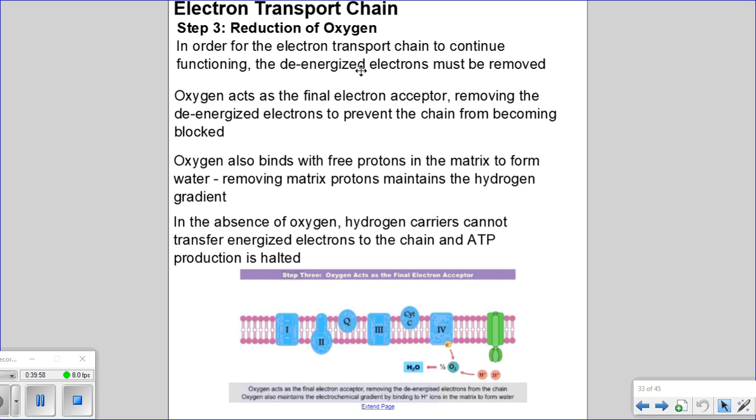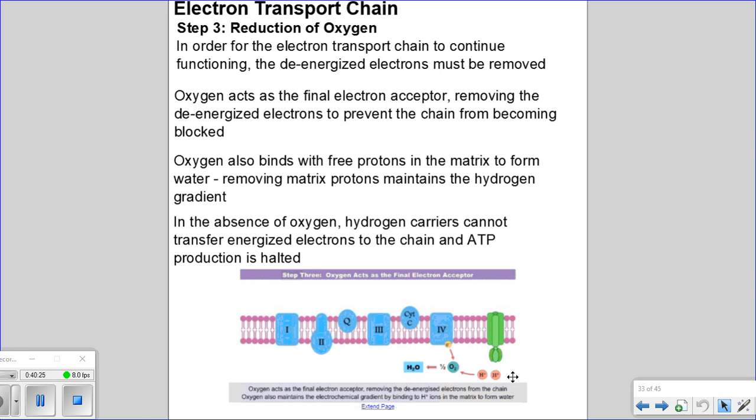So in order for the electron transport chain to continue functioning, the de-energized electrons have to be removed. That final electron has to be removed in order for this chain to continue moving. Oxygen acts as the final electron acceptor, so that electron will move from that membrane protein to oxygen, removing the de-energized electrons to prevent the chain from becoming blocked.